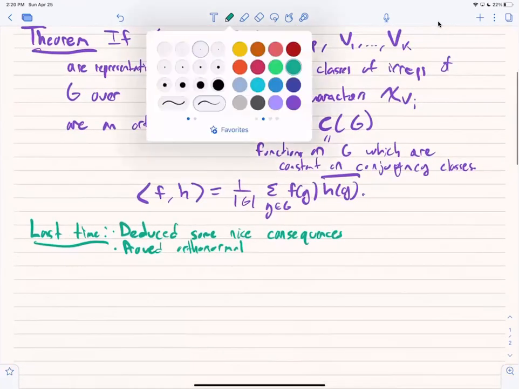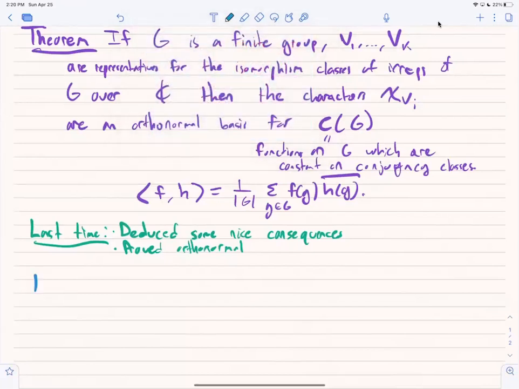So right now what we need to do is prove that these representations span. So we need to prove the chi sub v_i span C_G.